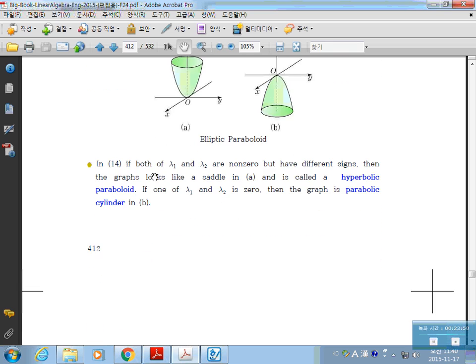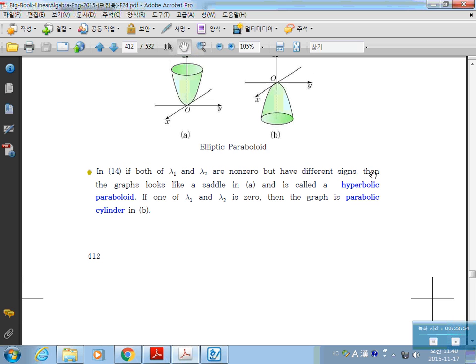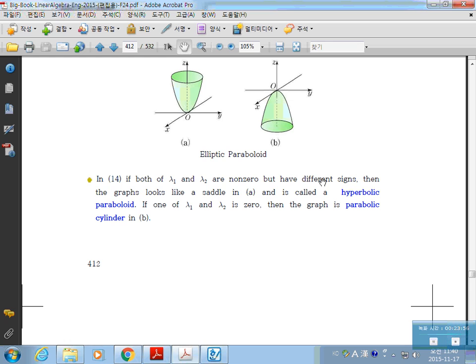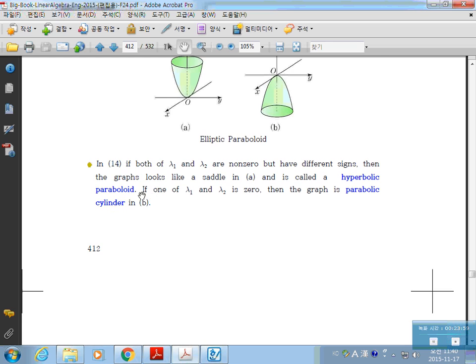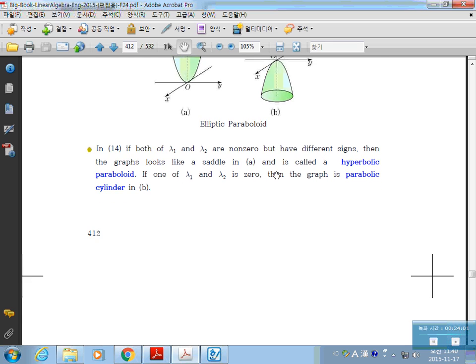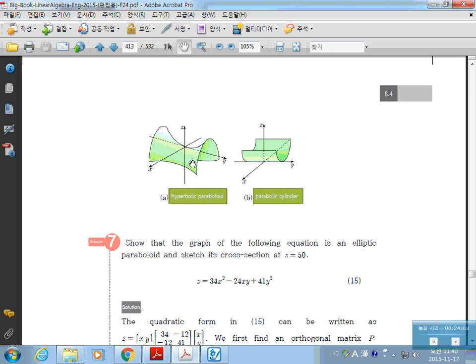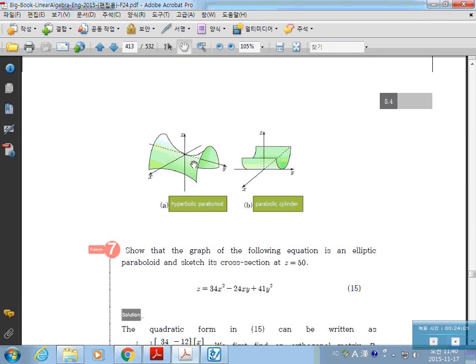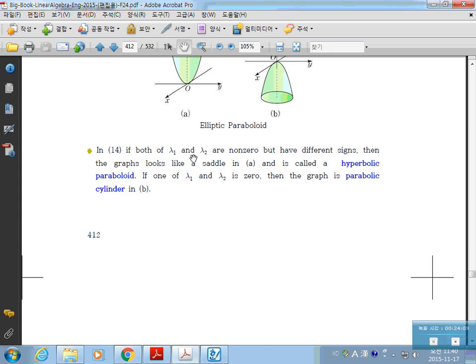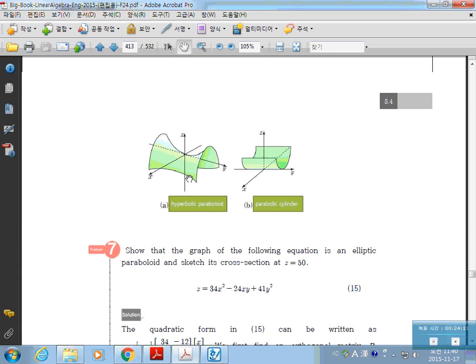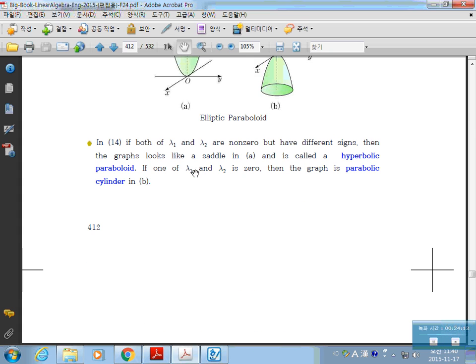Next, if both lambda 1 and lambda 2 are non-zero but have different signs, not the same sign, then the graph looks like a saddle, called the hyperbolic paraboloid, like this. If lambda 1 and lambda 2 have different signs, then it looks like this. This is called the hyperbolic paraboloid.